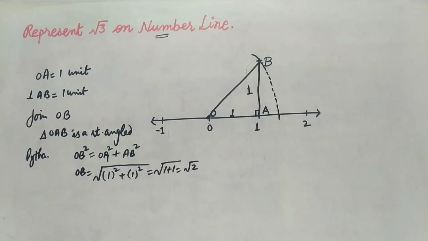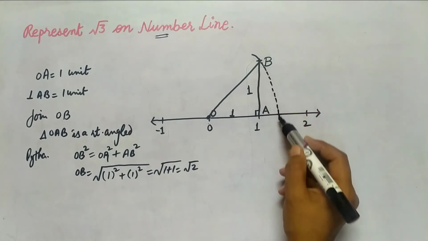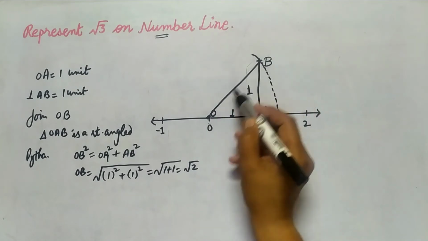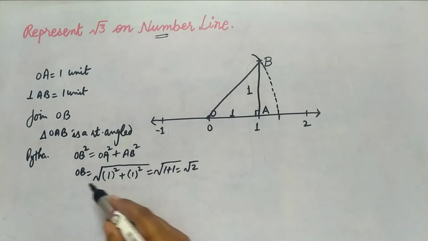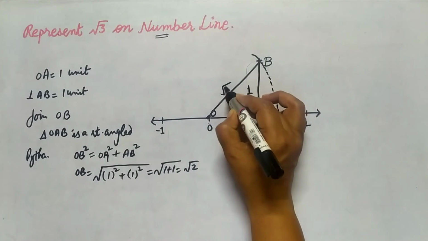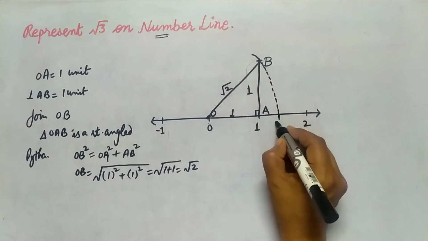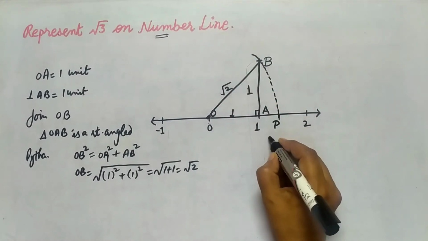This arc will be representing this value OB, which is equal to under root 2 here. Means this point P corresponds to under root 2.